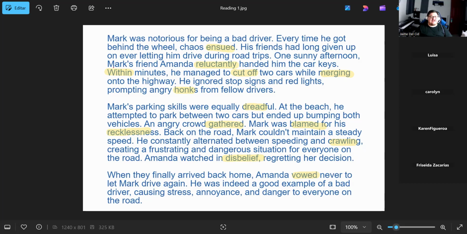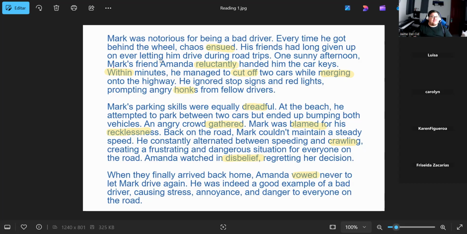So these are kind of nice words. I totally recommend taking a look at them. For example, the word ensued. You have your dictionary. Ensued is a verb, the past of the verb ensue, which is the main verb. So chaos ensued.